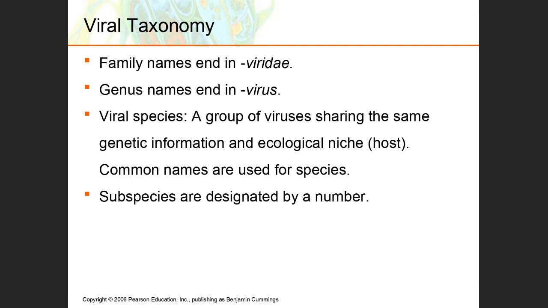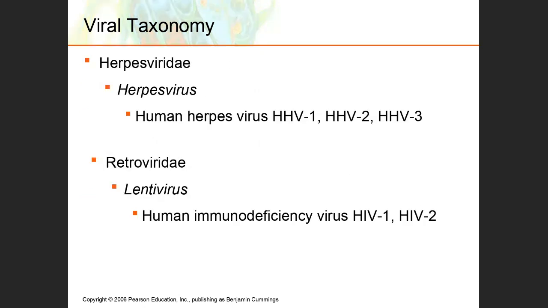So some examples, the Herpesviridae family, and the genus herpesvirus, and the species human herpesvirus. And as we'll learn next week, there are 8 known human herpesviruses, and you'll learn about all of them. And they're designated as human herpesvirus 1, 2, 3 through 8. We still use the old names for the herpesviruses, but the newer designation is human herpesvirus.